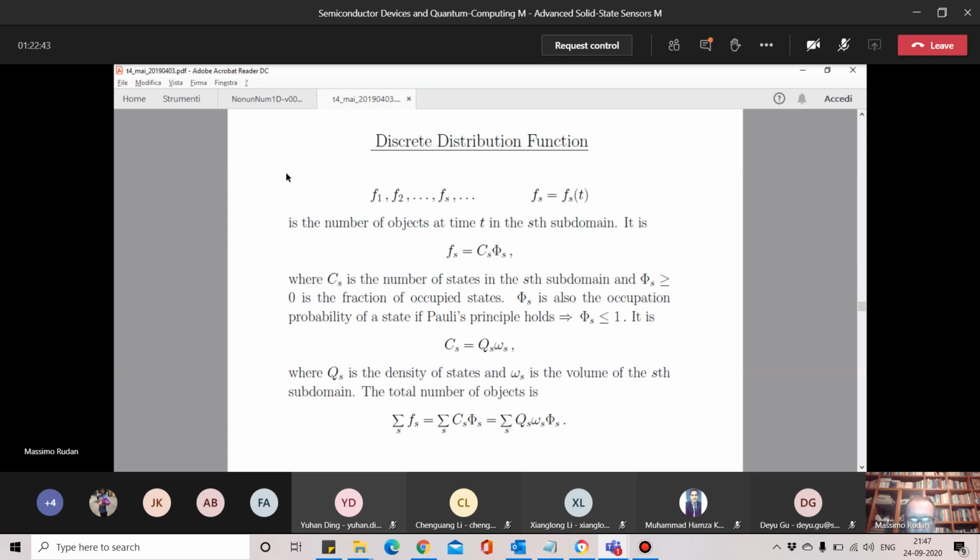We start with an easy example, that is the example of a discrete distribution function. So a distribution function that depends on time and on an integer index. A possible example is, consider a faculty of the university.